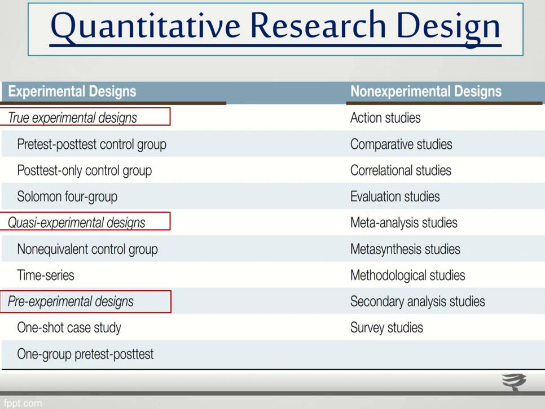So there are several ways to classify research designs, and using Ms. Wiadomi and Bailey 2018 as our reference, we are going to discuss here the two broad categories of quantitative designs, which are divided into experimental and non-experimental designs.